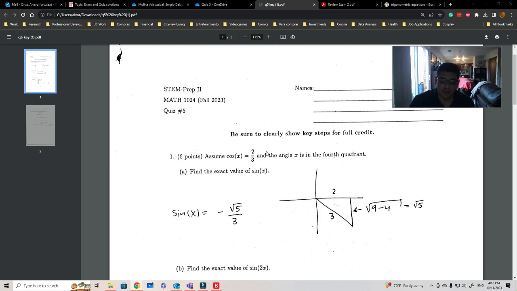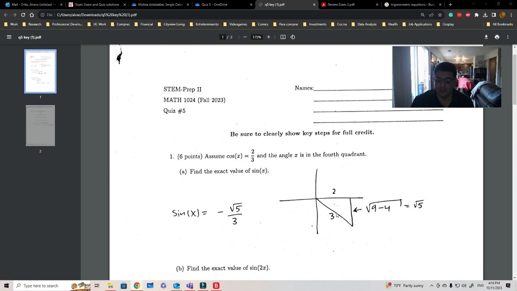Now, another way that you can think of this is that the cosine in a triangle is the adjacent over the hypotenuse. So if we have a triangle here in the fourth quadrant, we can see this being the adjacent and this being the hypotenuse for this triangle.